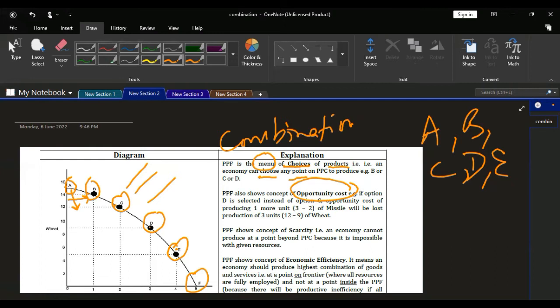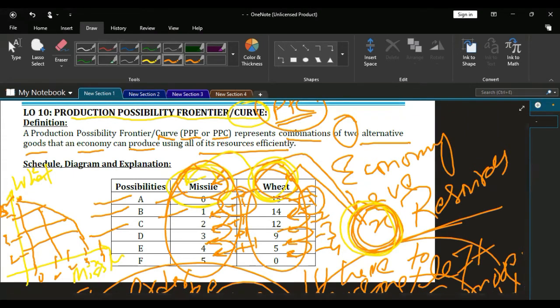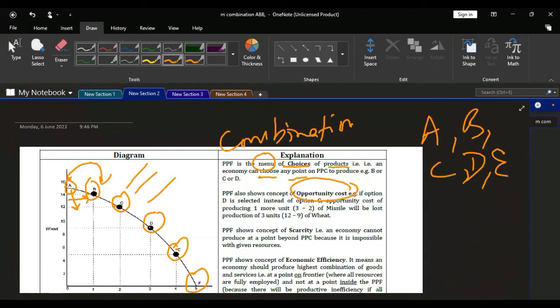So if you move from point A to B, you have to sacrifice 1 unit of wheat in order to produce 1 unit of missiles. But if you move from point B to C, you have to forgo 2 units of wheat in order to produce one more unit of missiles. So the quantity of the other good decreases rapidly in order to increase the quantity of the first good.